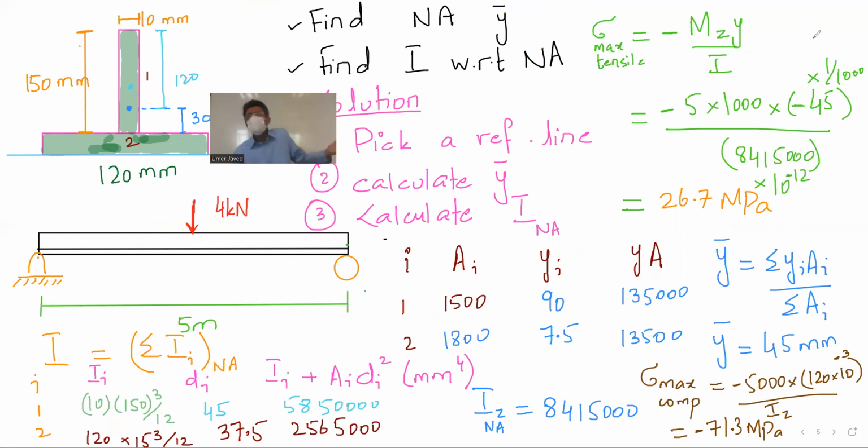So write the formula My over I and substitute the value of y as minus 45 to get this 26.7. When you're talking about compressive, this distance is definitely the maximum from the neutral axis, so you can just write MC over I if you want to be meticulous.